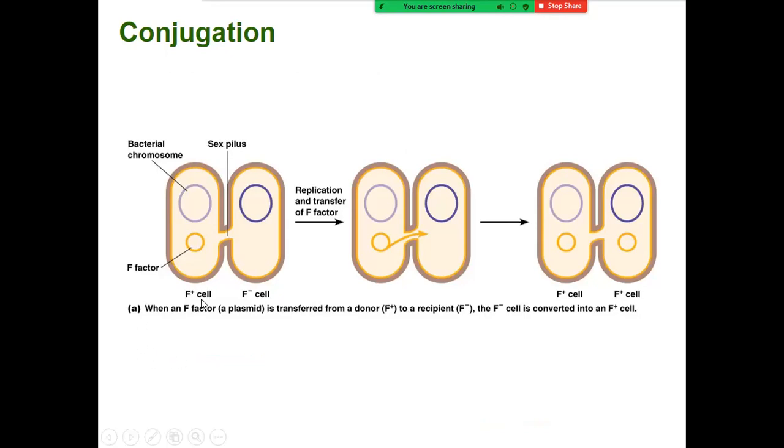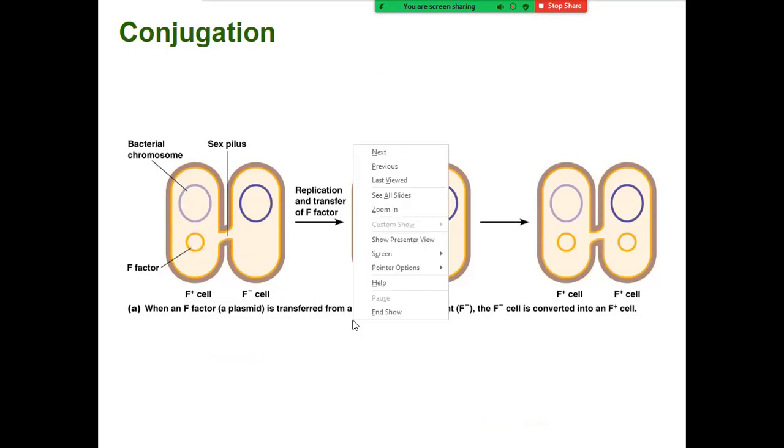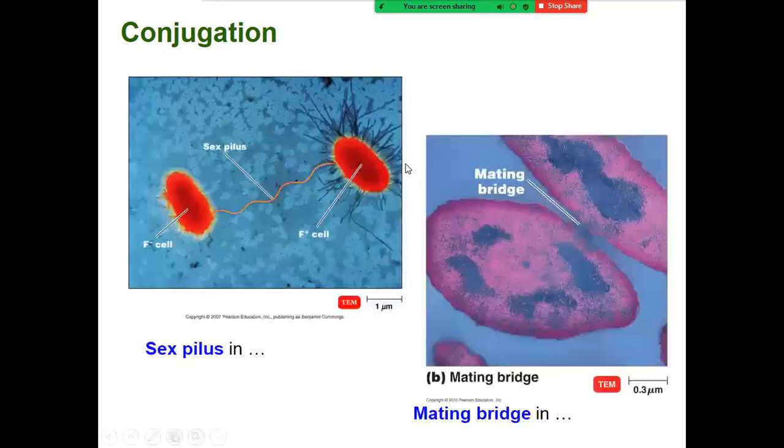The F plus cell has an F plasmid in it, and the F plasmid codes for the production of the sex pilus. So this structure here coming out of that cell is encoded by the plasmid, the F plasmid, in this cell.